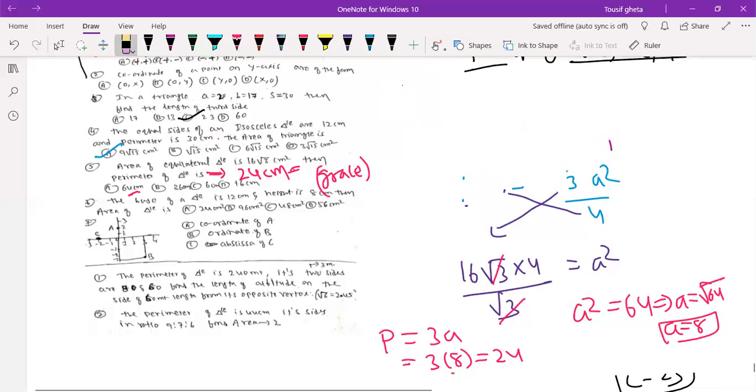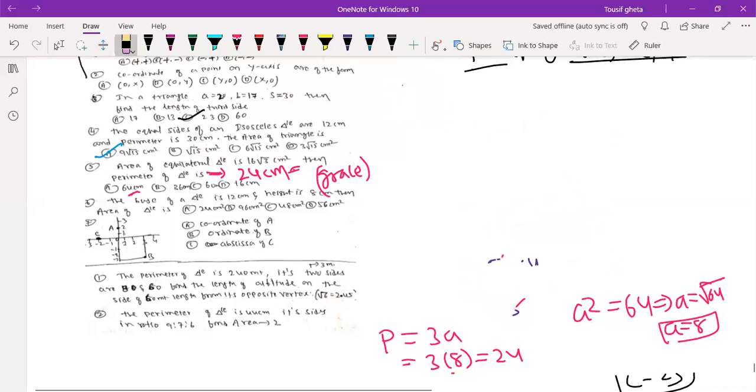Next question is what? Let us read. The sixth question: the base of a triangle is 12 centimeter. Height is 8 centimeter. Good. Find the area of the triangle.